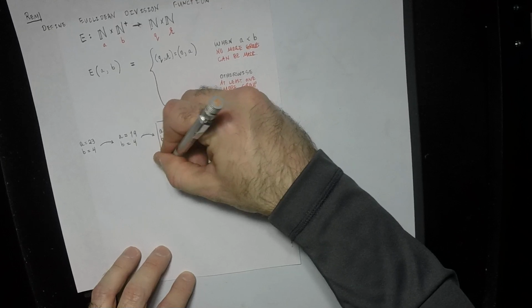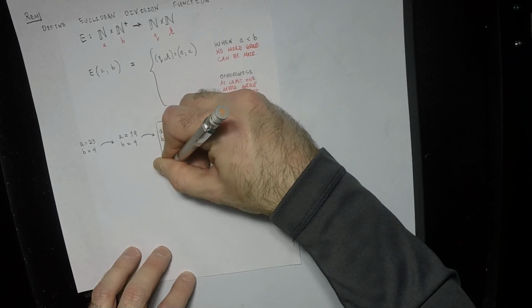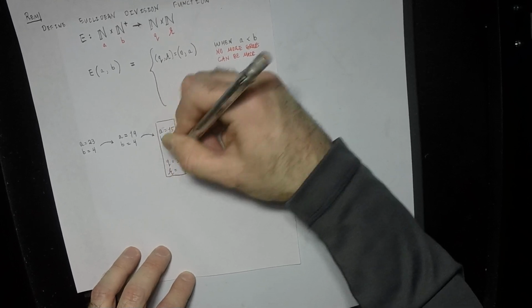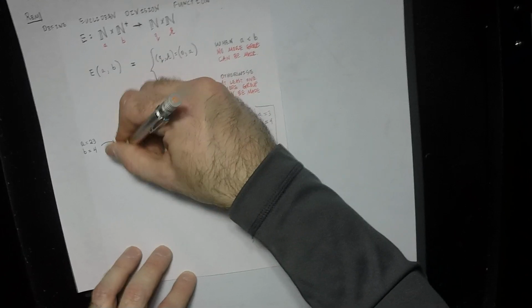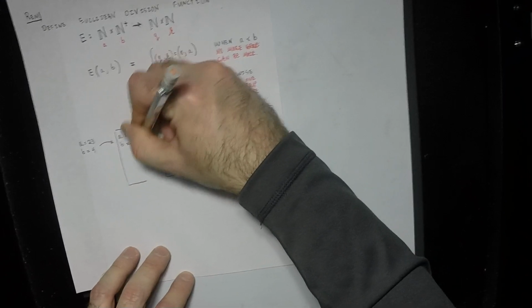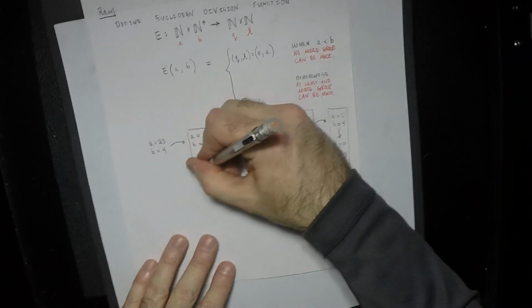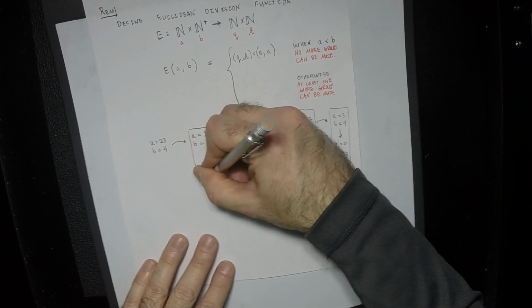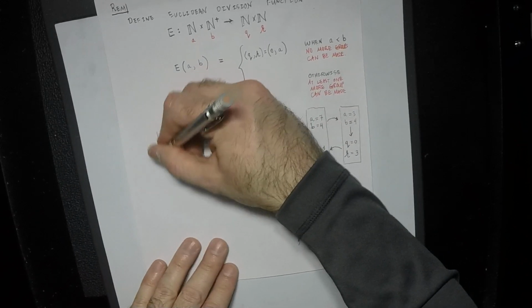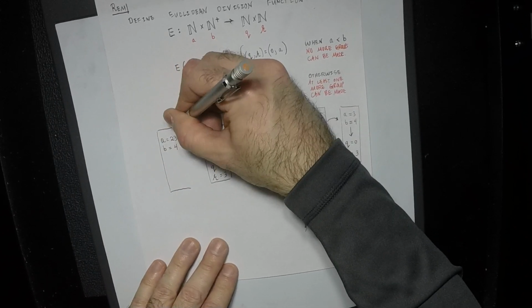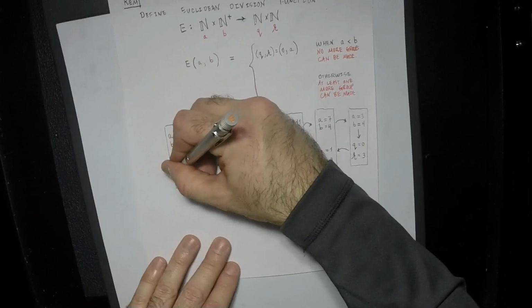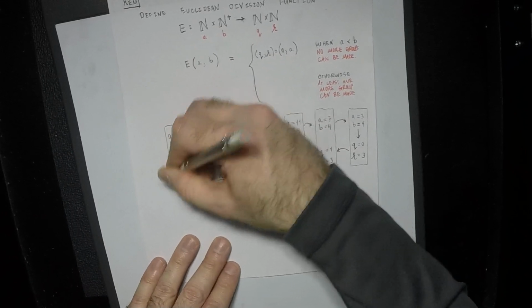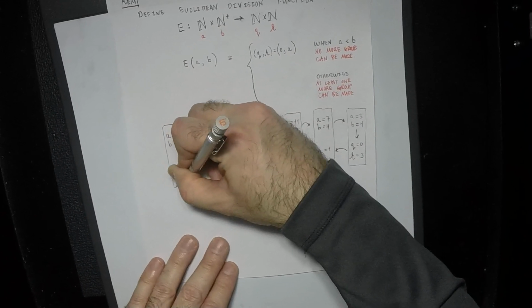So this one knows that the quotient is 3 and the remainder is 3. This one knows that the quotient is 4 and the remainder is 3. This one knows that the quotient is 5 and the remainder is 3.